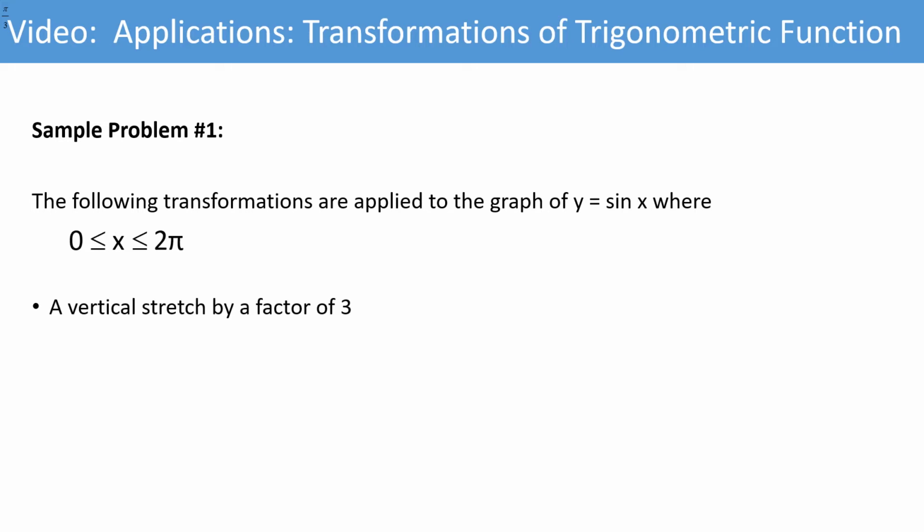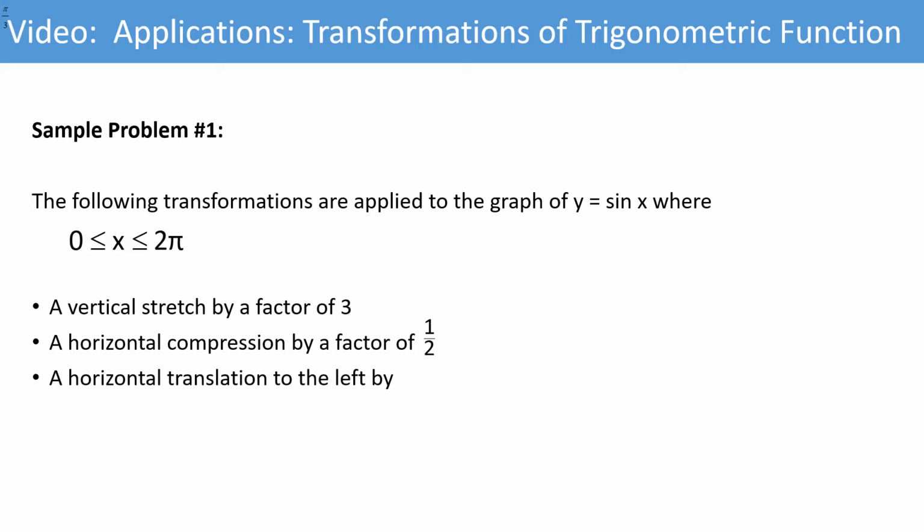We have a vertical stretch by a factor of 3, a horizontal compression by a factor of 1/2, a horizontal translation to the left by π/6, and a vertical translation 1 unit down.